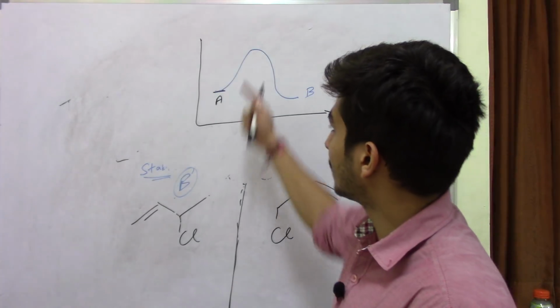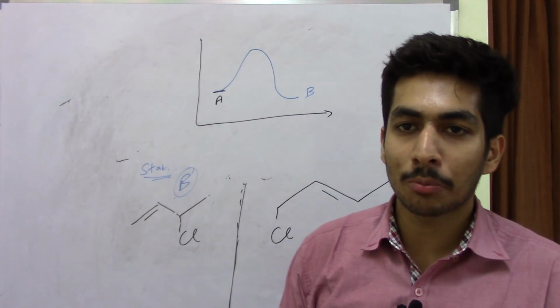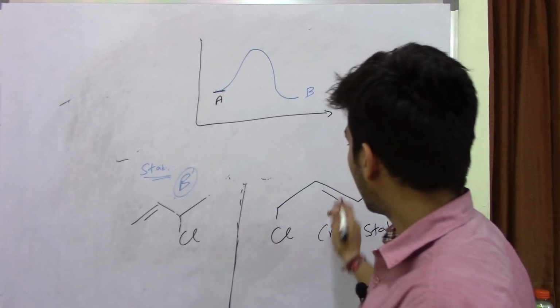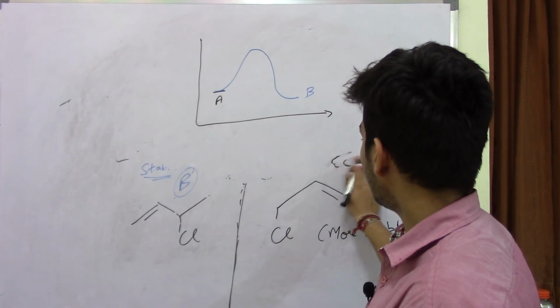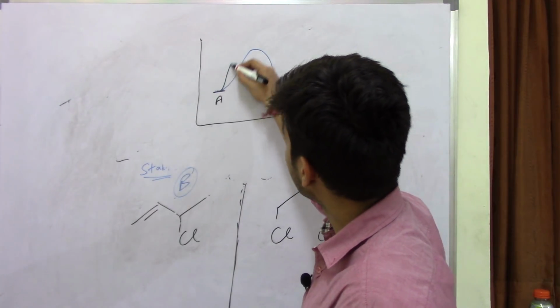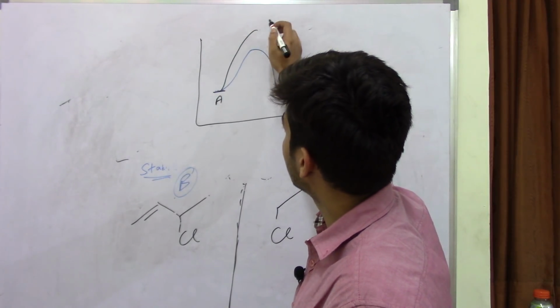And the transition state energy is lower because it was a secondary carbocation with resonance, which will be more stable. Whereas for product C, there is a higher transition state energy. Why?